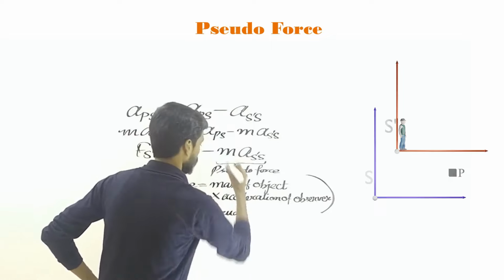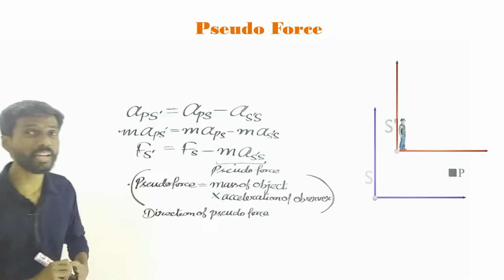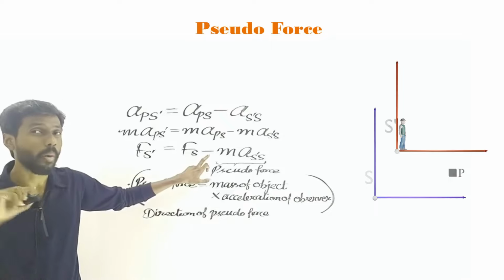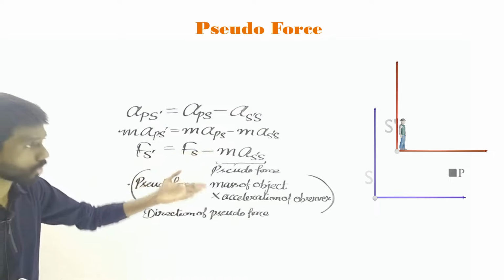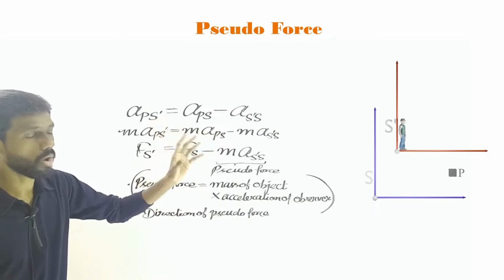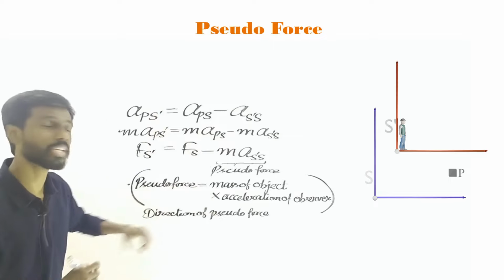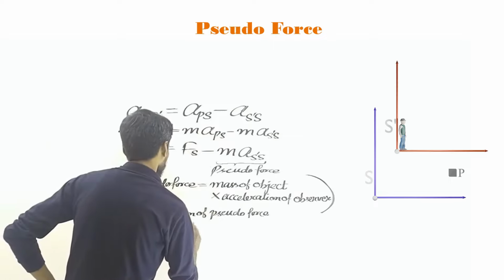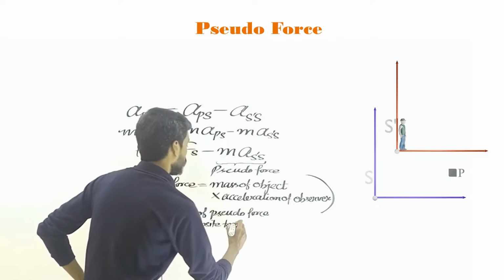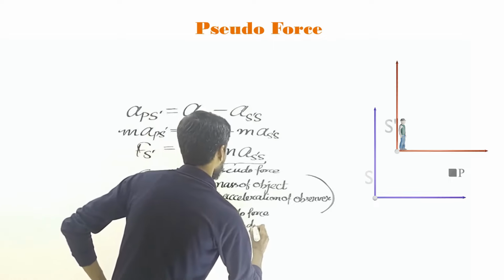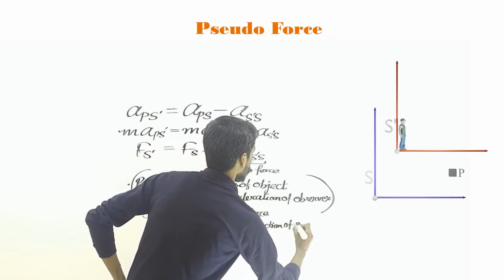From that expression we can understand that the direction of the pseudo force is negative, that means opposite to the direction of the observer's acceleration. The observer is moving in one direction, so the block appears to be moving in the opposite direction.